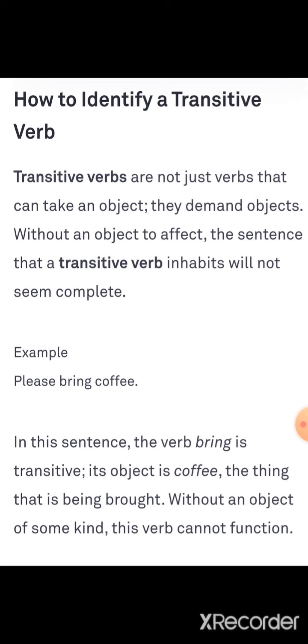For example, please bring coffee, like here it is written. Now if you write please bring only, now what bring? So definitely you need something. भाई please bring है तो क्या bring, क्या लाना है, ठीक है. So the question coming is what to bring.